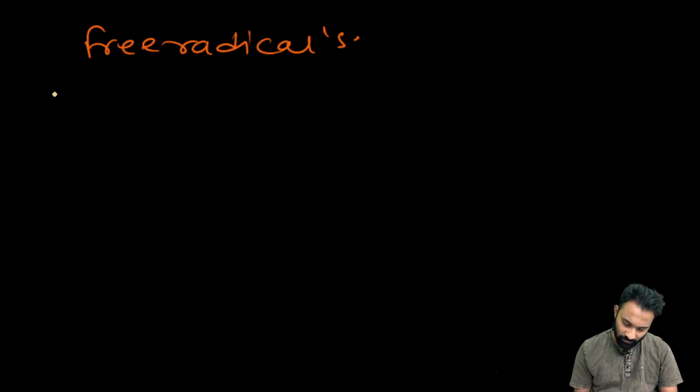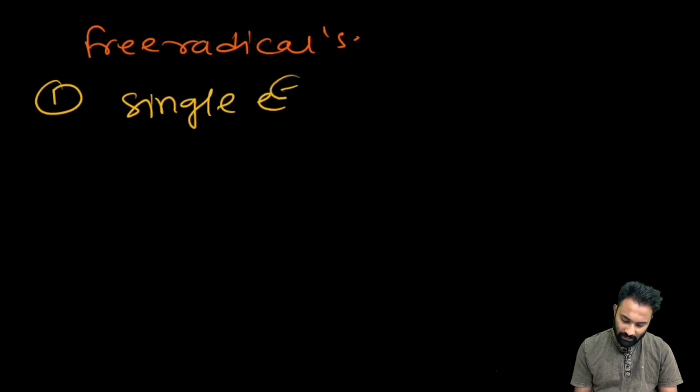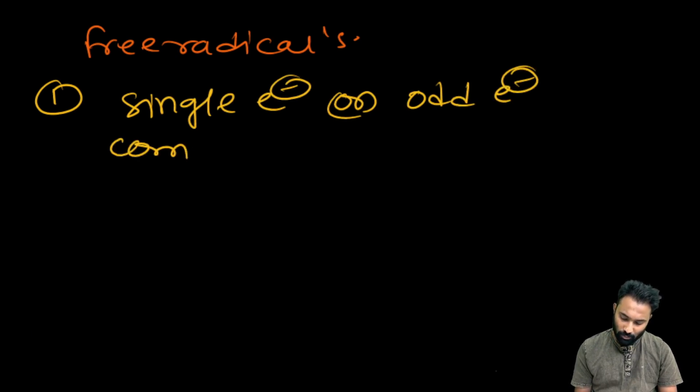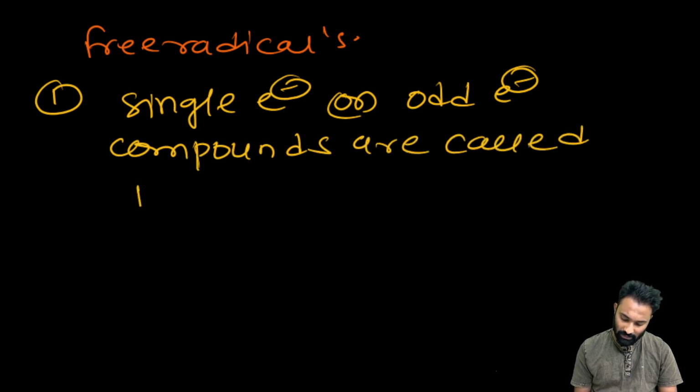Now this free radical contains a single electron. Single electron or odd electron compounds are called free radicals. Clear?